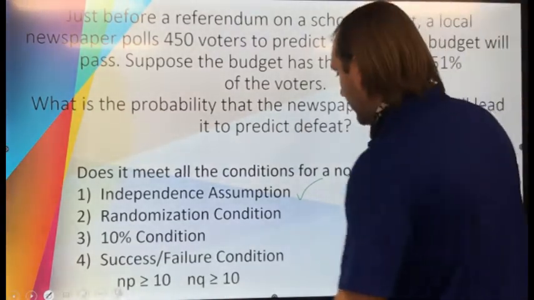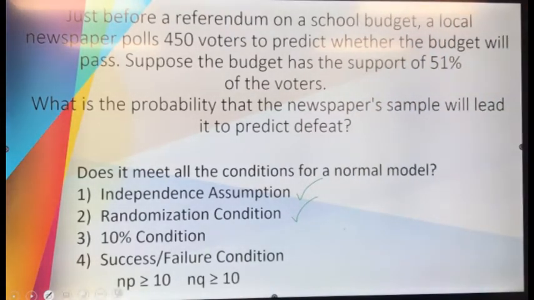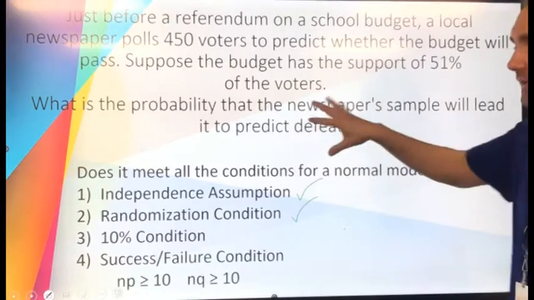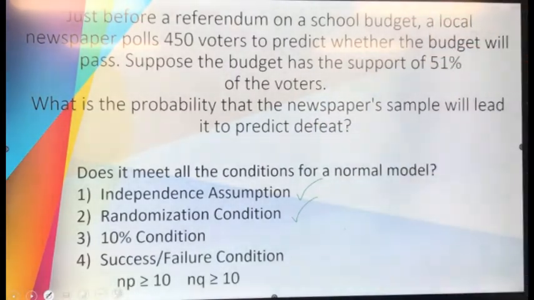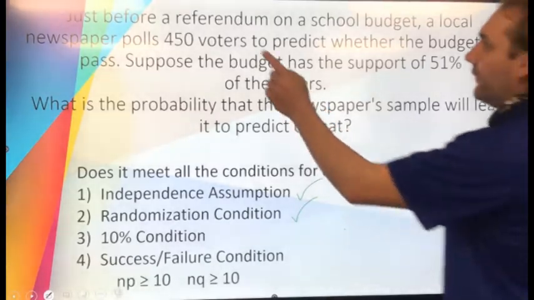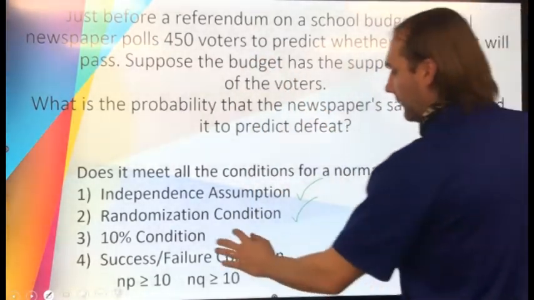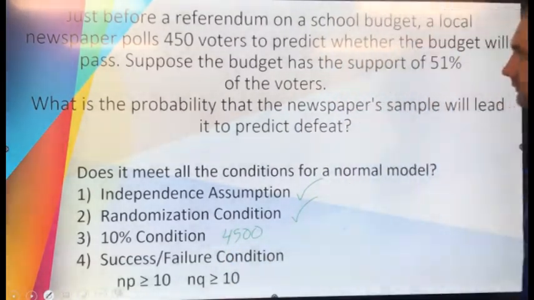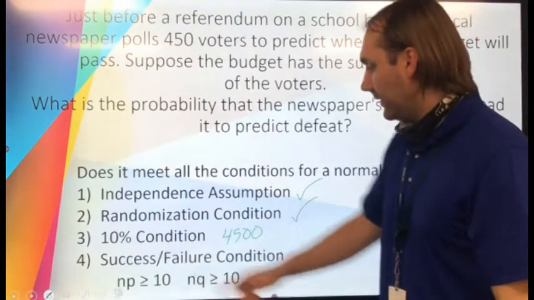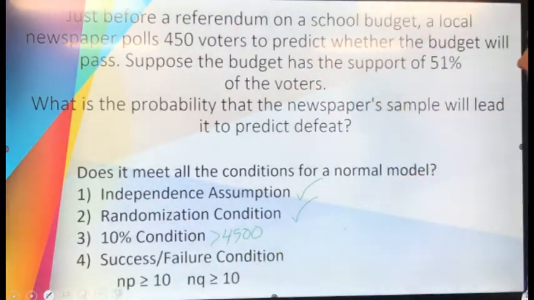Randomized condition. I'm going to go ahead and assume that the votes are randomized, so I'm not just going to grab all the yes votes or all the no's. I'm just going to make it random. 10% condition. I have 450 voters, so I should assume that I have more than 4,500 total.